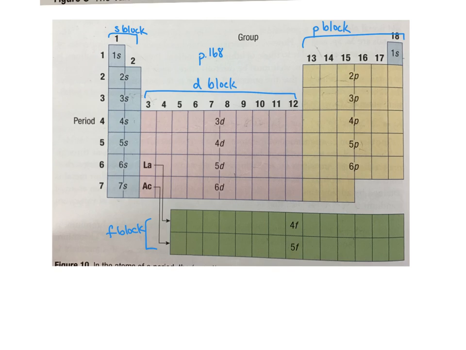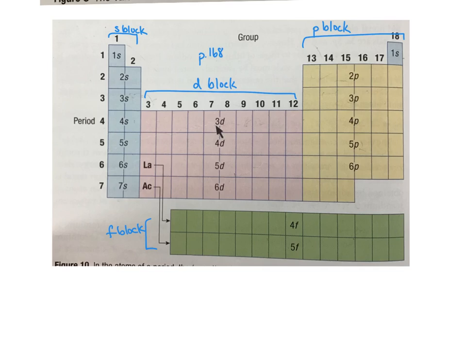Okay, I just want to comment on the value of n in the sublevel. Notice in the S block, 1, 2, 3, 4, 5, 6, 7 matches the period number. Same thing in the P block, 2, 3, 4, 5, 6, and 7p if it was there. So the S and P block match the period number.